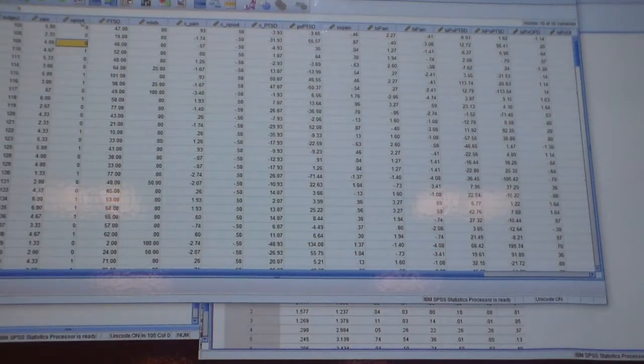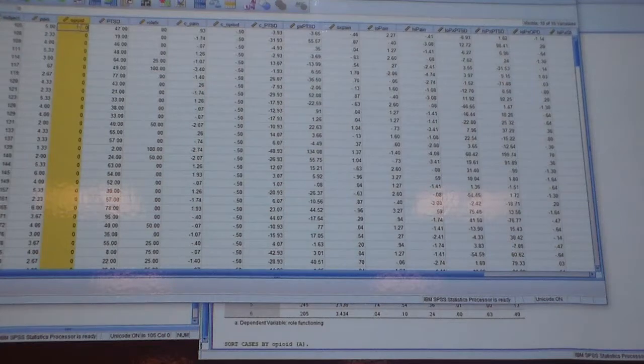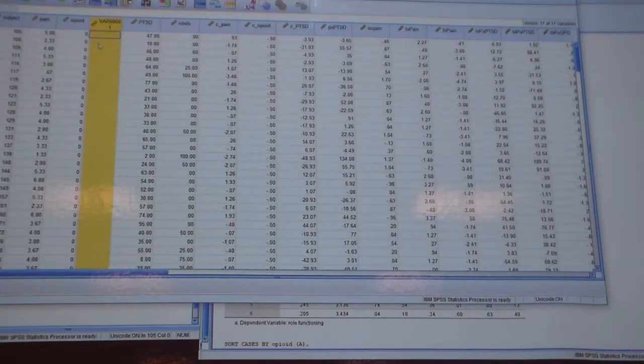So what I'm going to do is go through, and there's a lot of different ways you can do this. This is what I do just because it's easiest. I'm going to sort my opiate variable, then insert a variable, and for wherever opiate use is 0, I'm going to put 1.